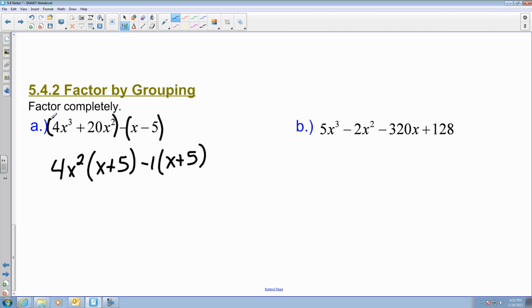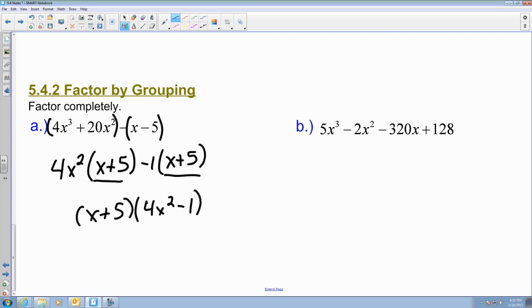So we're good there. Mainly when you do groupings, the expressions inside these parentheses should be exactly the same. So I have a match of x plus 5 and x plus 5, and I'm just going to write that out as x plus 5, then multiply it by 4x squared minus 1.